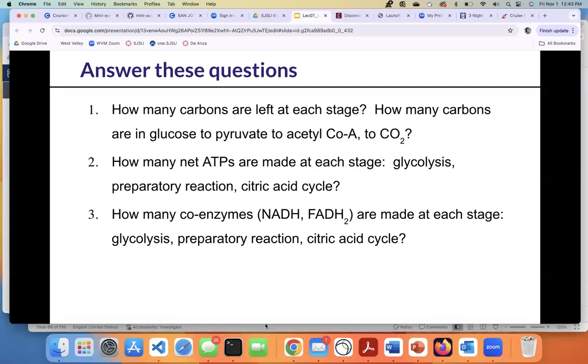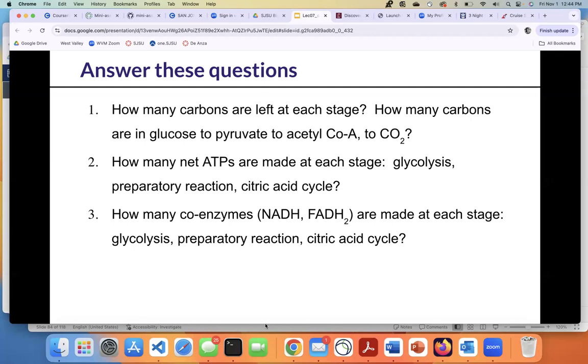So that 6-carbon is going to be broken down: we release 1 carbon dioxide, we end up with a 5-carbon molecule, release another carbon dioxide, and then end up with a 4-carbon molecule that would then be recycled, so we can do it again with an additional acetyl-CoA. So we end up doing this twice, but we go from 6 carbon to 3 carbon to 2 carbon to 1 carbon as we're breaking down our sugar molecules.